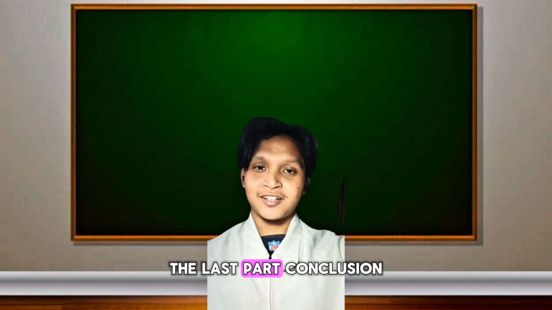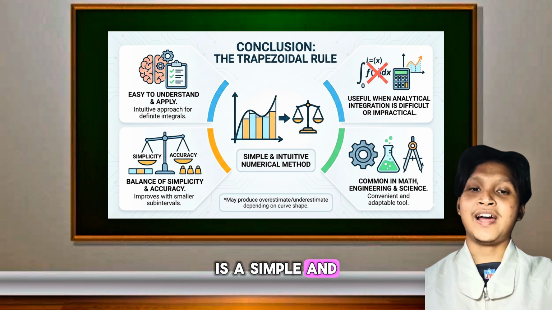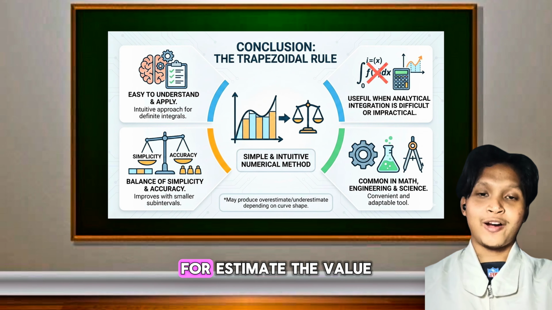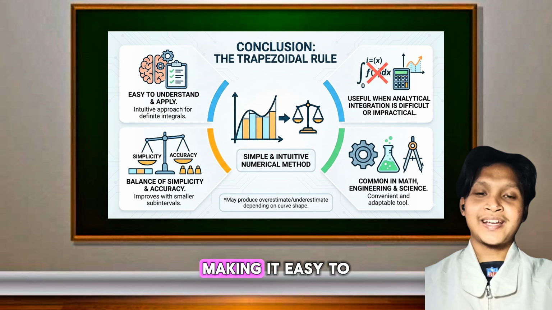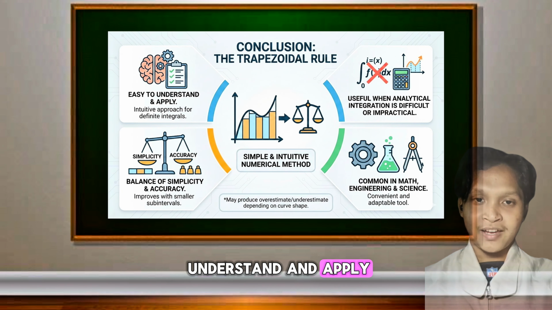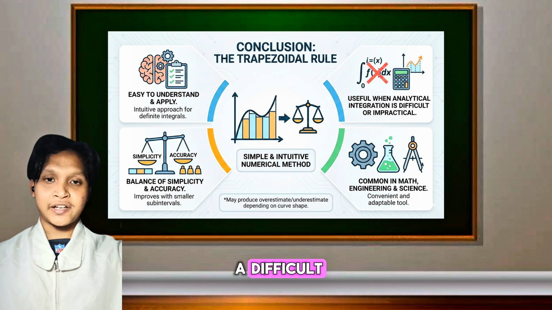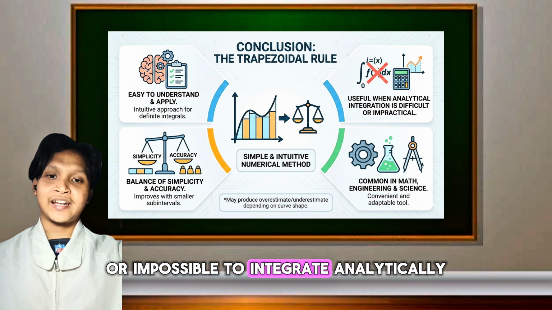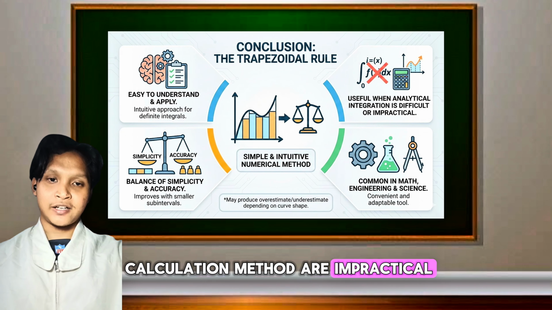The last part, conclusion. The trapezium rule is a simple and intuitive numerical method for estimating the value of definite integrals, making it easy to understand and apply. This method is especially useful when a function is difficult or impossible to integrate analytically, or when other calculation methods are impractical.